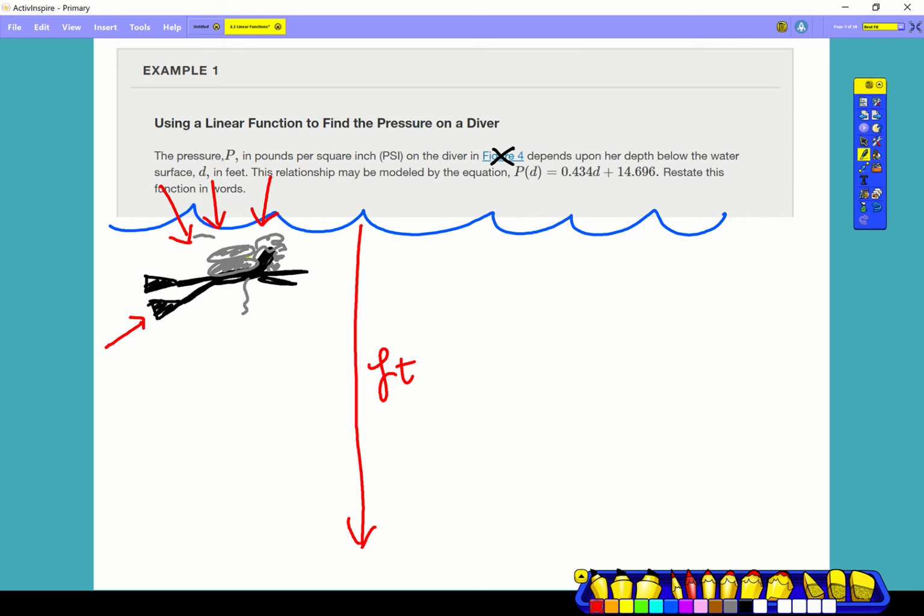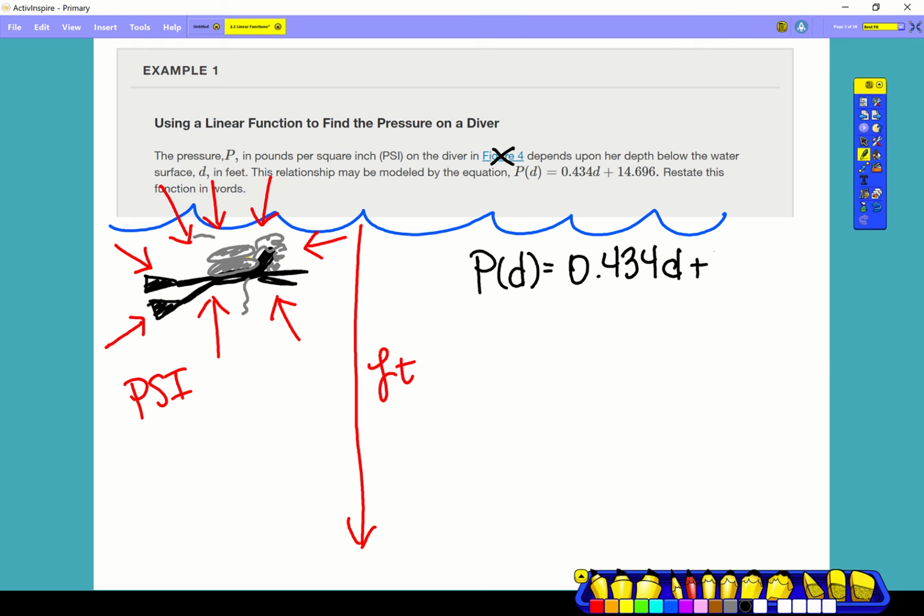And the pressure, kind of squeezing from all around. And the pressure is in PSI. The relationship is modeled by this equation. P of D equals 0.434D plus 14.696.